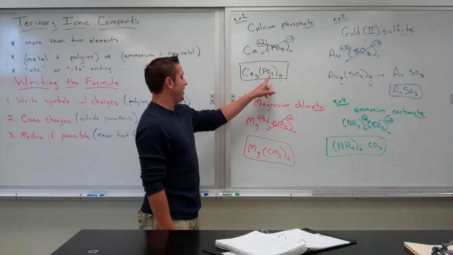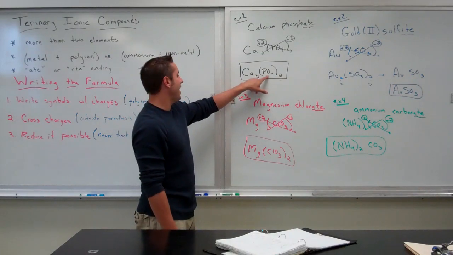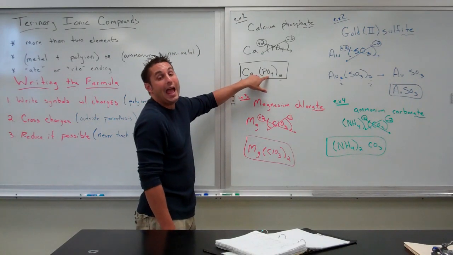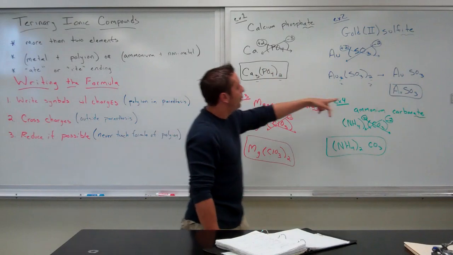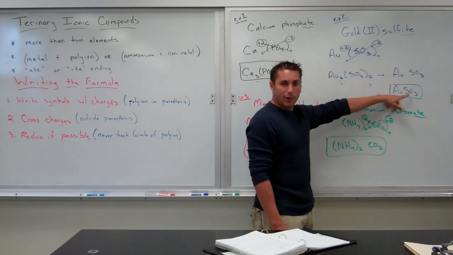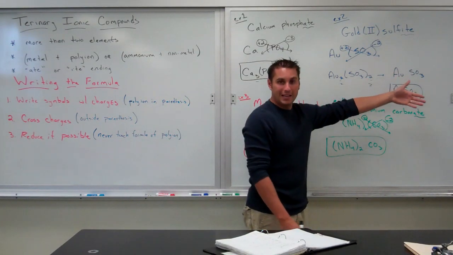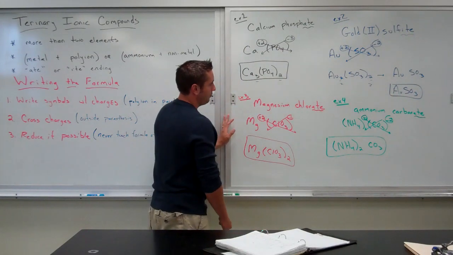Now, in some of them it's very easy, it's done for you. If I give you Ca3(PO4)2, I have to put the parentheses there. But in something like AuSO3, I would have to identify the polyion.